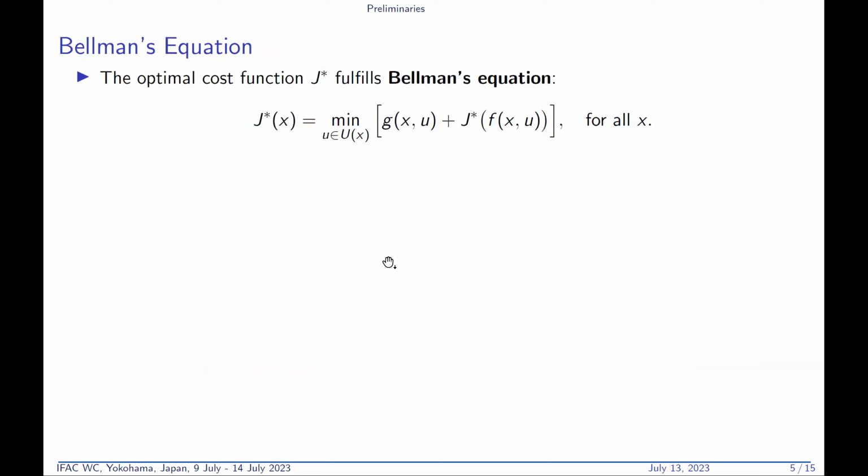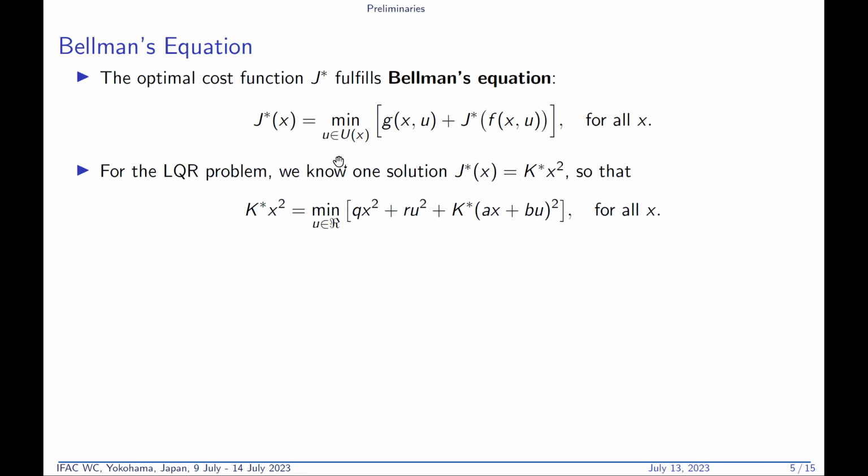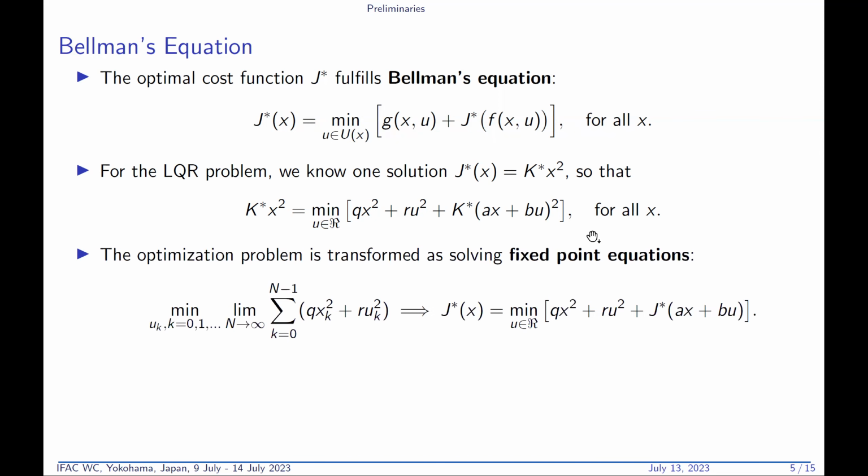For this class of problems and problems well beyond the LQR problem, the optimal cost function fulfills Bellman's equation, which is optimal cost equal to the stage cost plus the optimal cost of the next stage, minimized over the control constraint set. For the LQR problem, since we know one solution is a quadratic cost, by plugging in this quadratic cost, we obtain this formula.